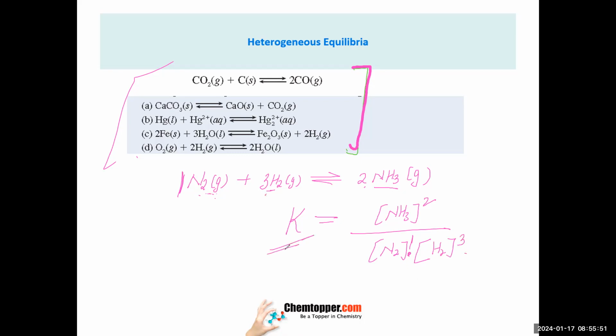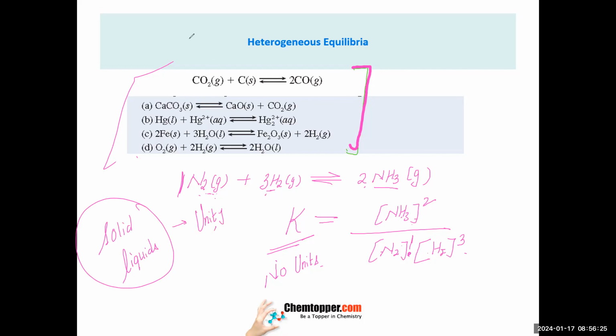That is key. No units, ratio of the concentrations, no units. It will have a fixed value because concentrations are not changing. These values are not changing in the equilibrium. So it will have a fixed value, right? Use this concept and remember solids and liquids, their concentrations are taken as unity.